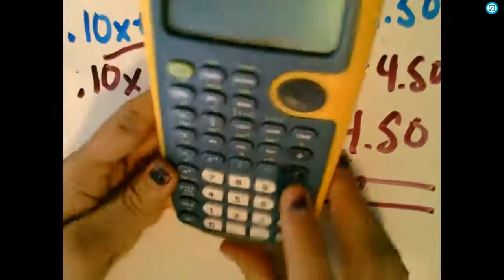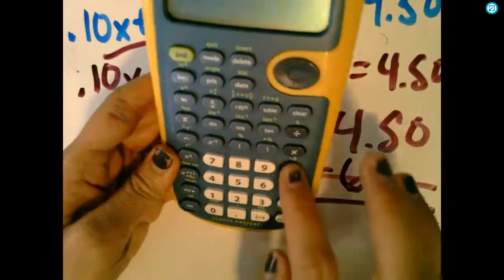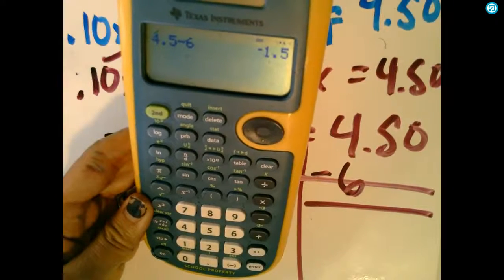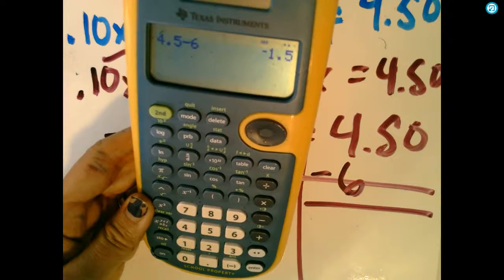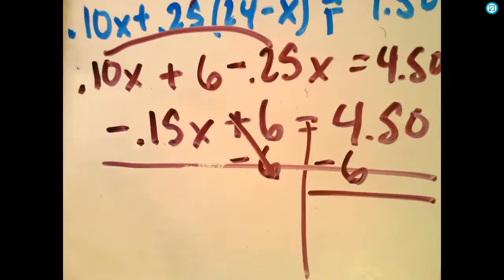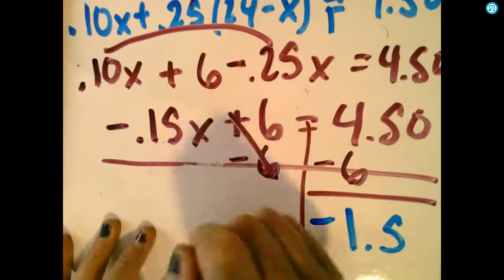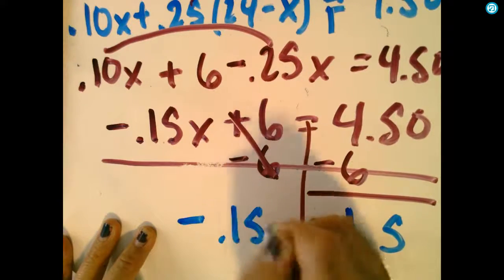We don't have enough. So 4.5 minus 6 gives me negative 1.5, and we had negative 0.15x.